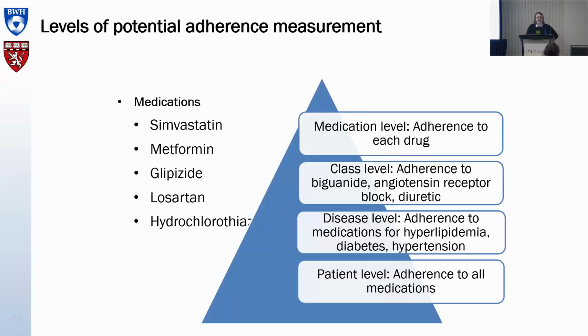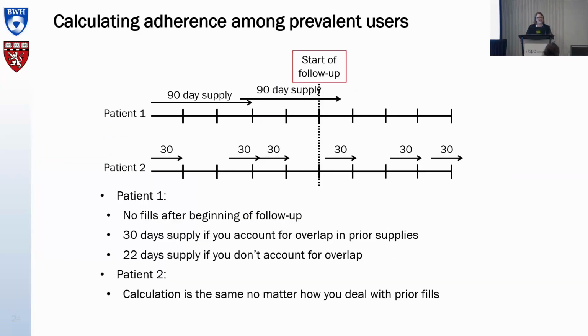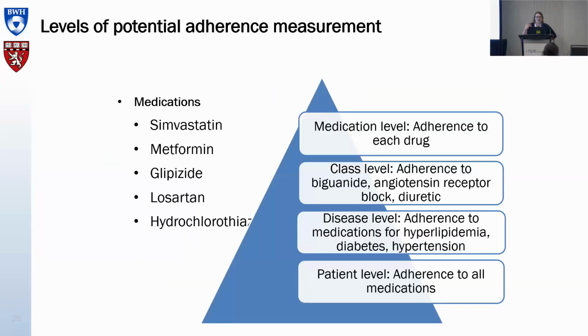The example we talked through assumes one medication, not a complicated patient with multiple medications. Across her 5 medications, maybe we're interested in adherence to all of them, maybe just the disease state, maybe the class of medication, maybe each drug. Typically, I would say class or disease is what most people are doing adherence calculations on.